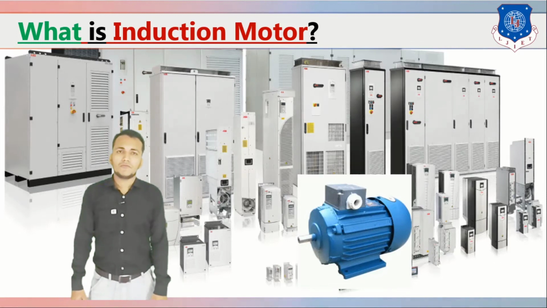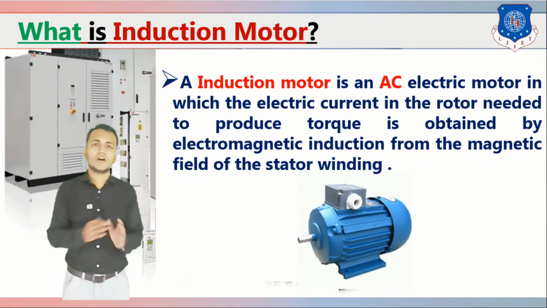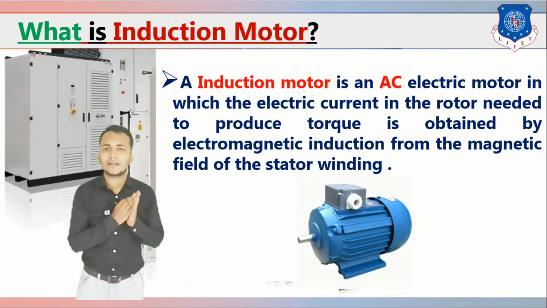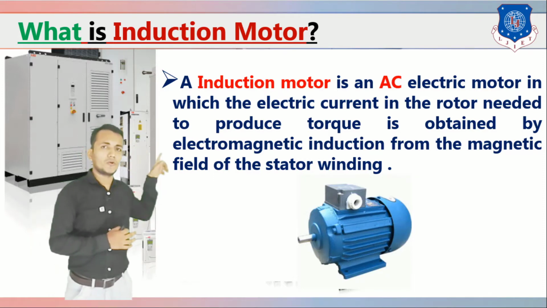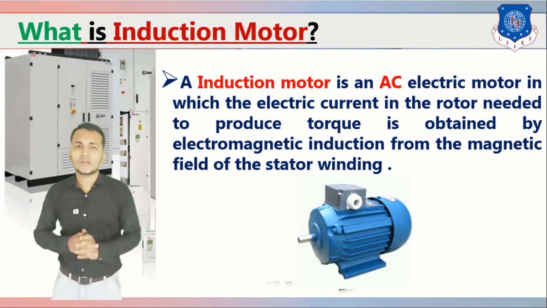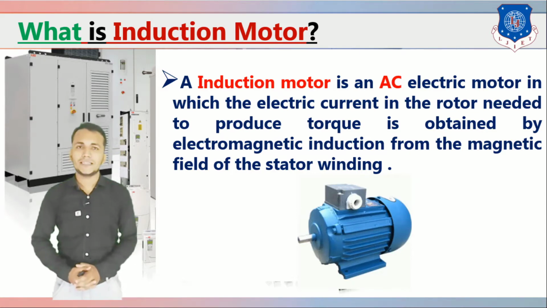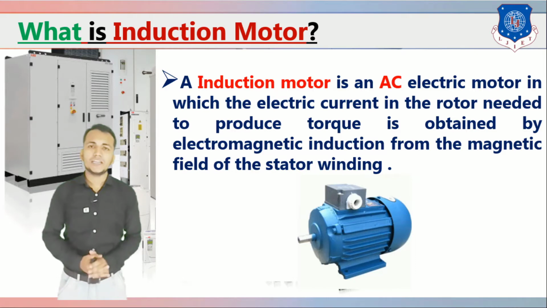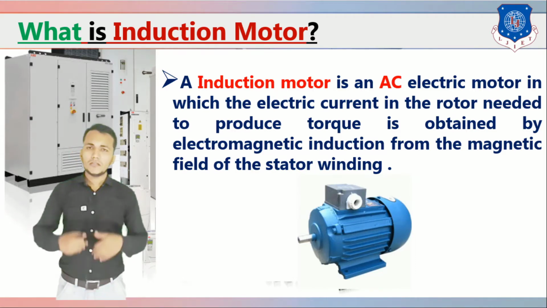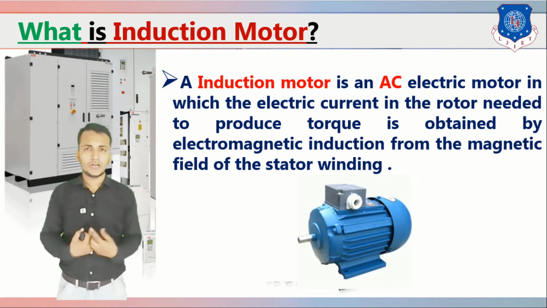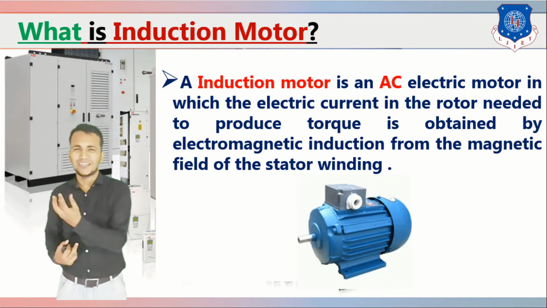The definition is: an induction motor is an AC electric motor in which the electric current in the rotor needed to produce torque is obtained by electromagnetic induction from the magnetic field of the stator winding. The induction motor basically has two types of winding, stator winding and rotor winding.